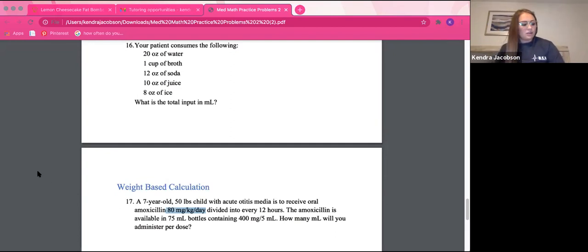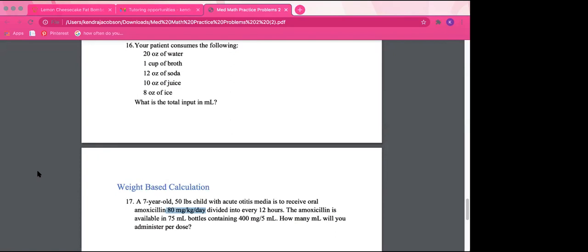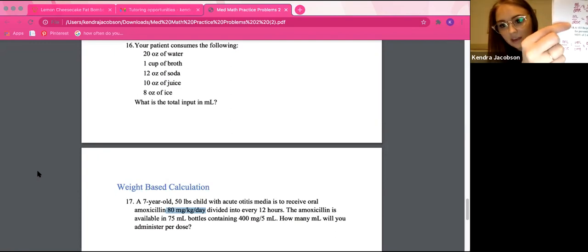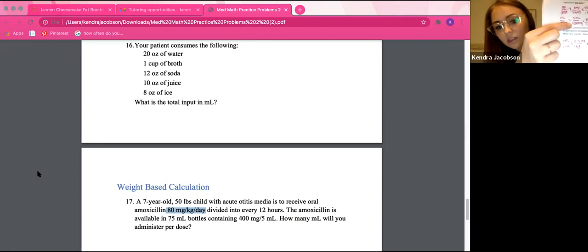Okay, so we're going to start back at the beginning again here. Let me just write this in here quick. So we have the milliliters per dose over here, okay? So we know that we for sure have that 5 milliliters over the 400 milligrams.